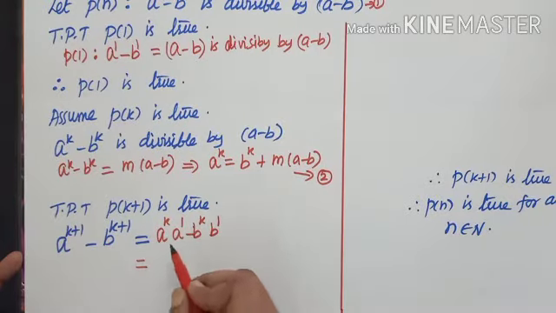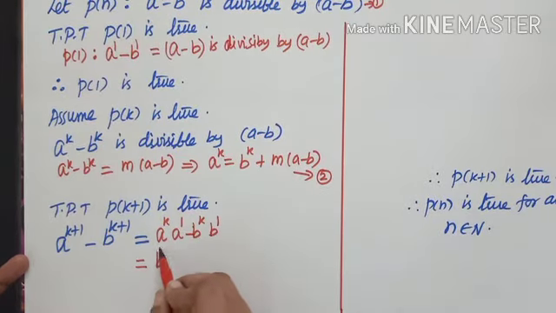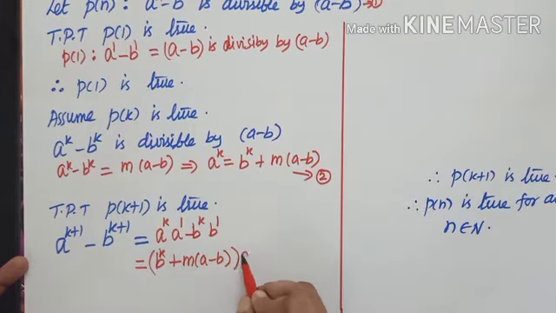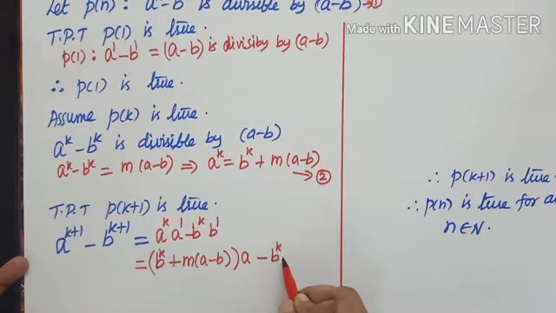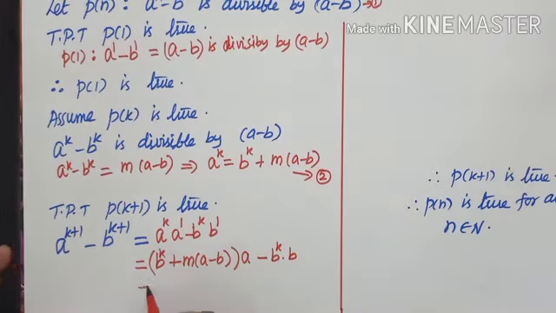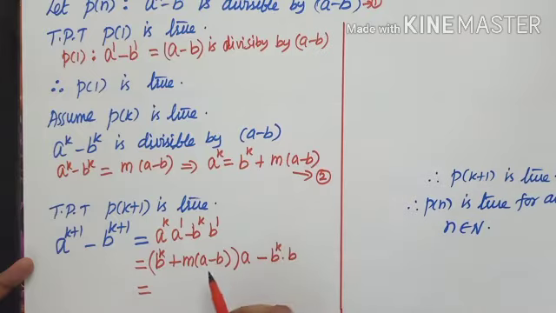Now, in the place of a power k, I can substitute b power k plus m into a minus b, into a minus b power k into b. Now we shall multiply. a power k, we have written b power k plus m into a minus b, into a, minus b power k into b.